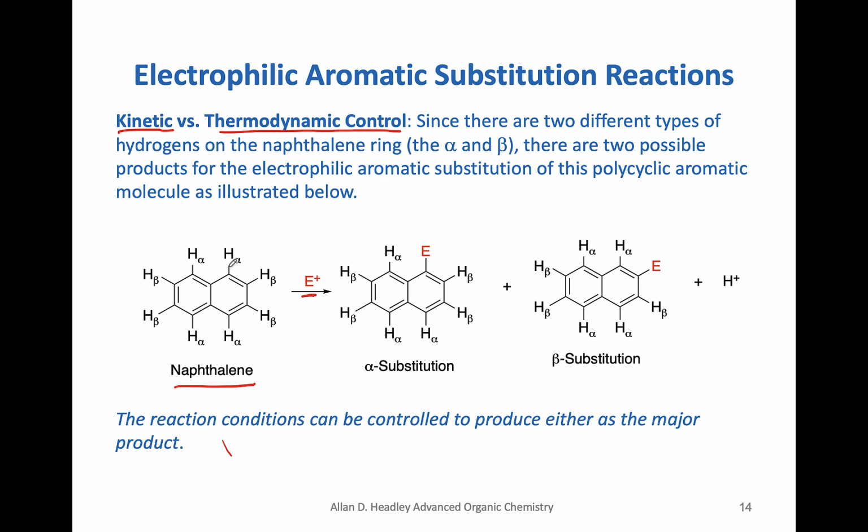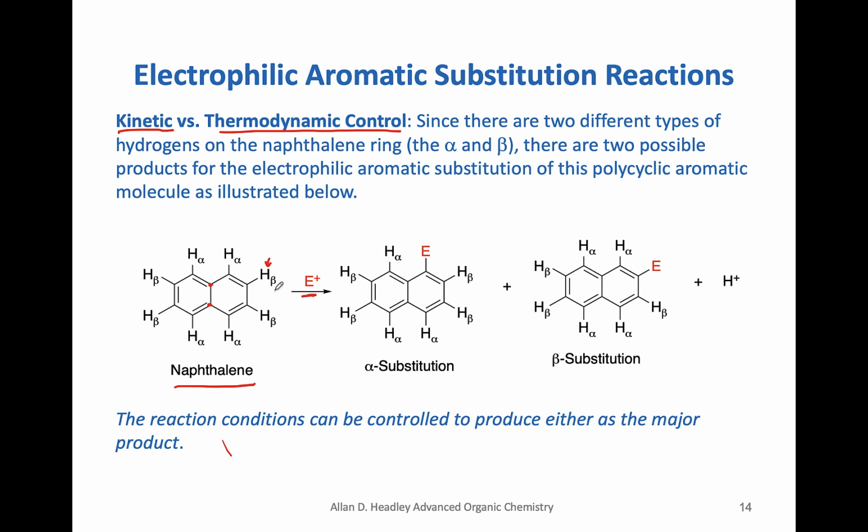We have the hydrogens known as the alpha hydrogens, which are next to the bridge, the combination of the two aromatic rings. There are the beta hydrogens over here, which are further from that junction. So we have 4 alpha hydrogens closer to the ring junction, and 4 hydrogens which are further.